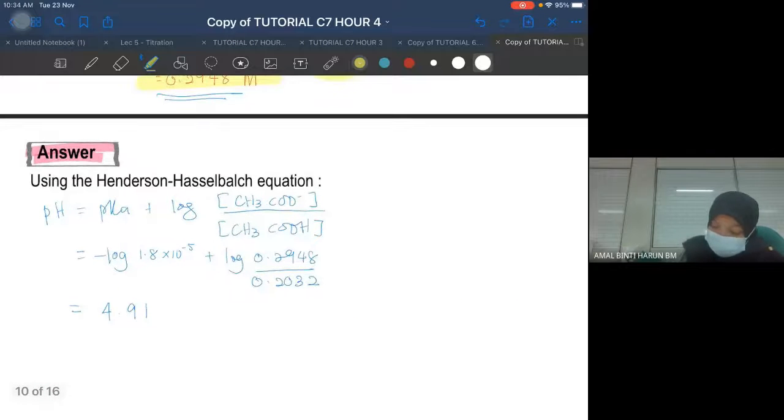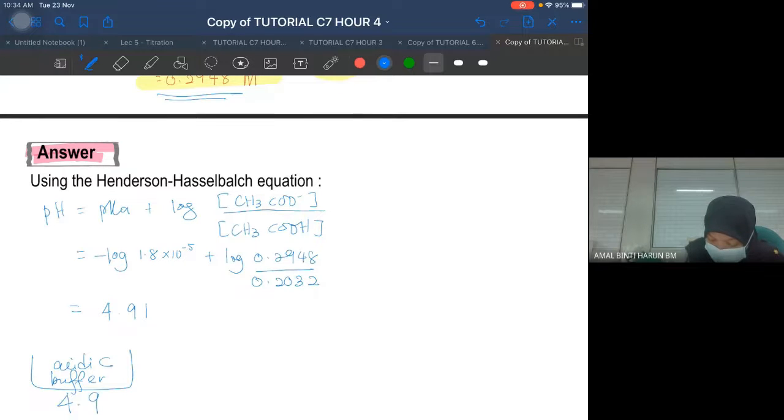Sekarang, okay, saya tulis lah. Bila acidic buffer ni, kita ada tadi 4.92 pH tu. Okay. After adding 1 ml of HCl strong acid, 1 ml ni macam sikit lah.